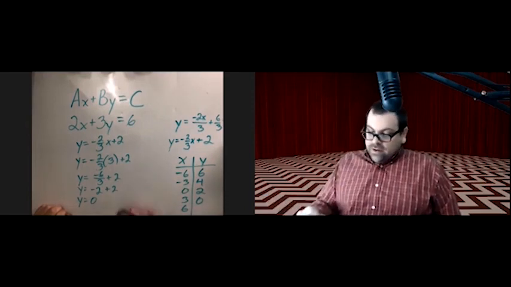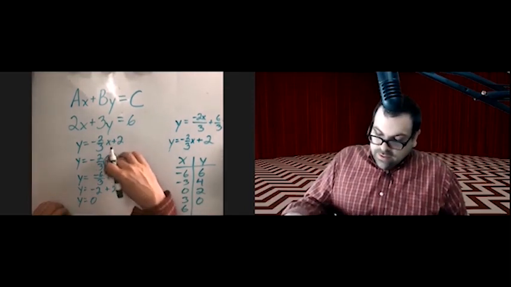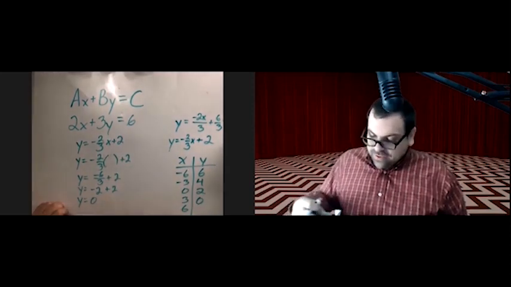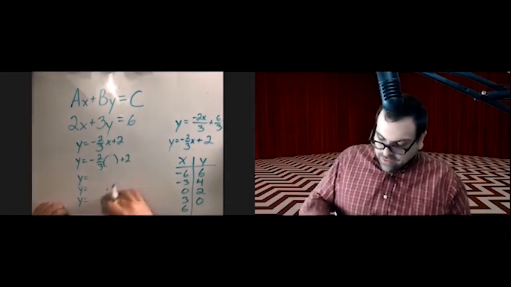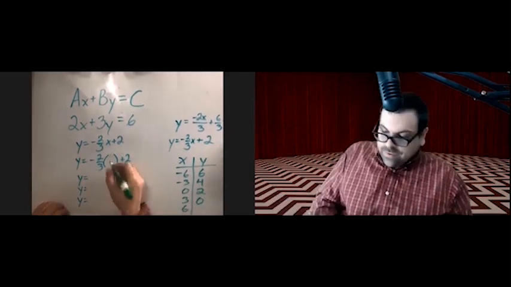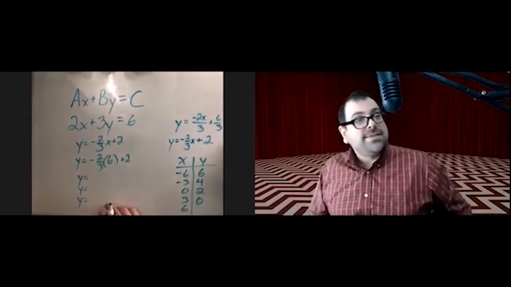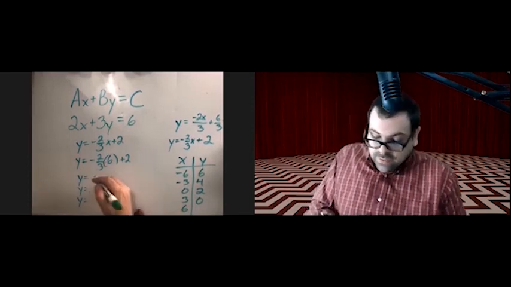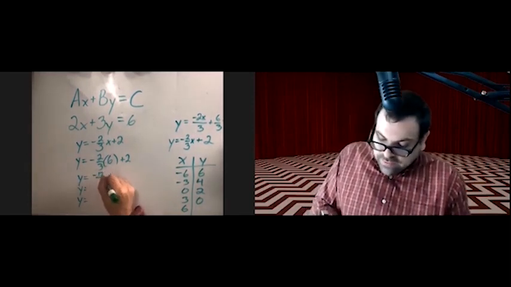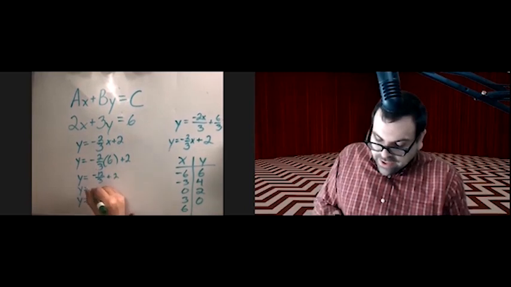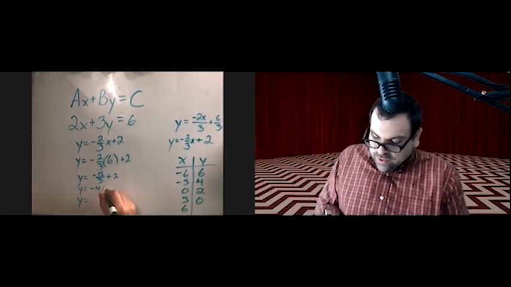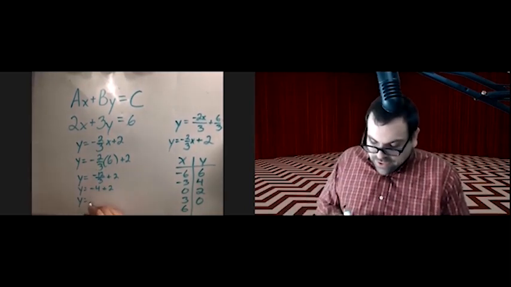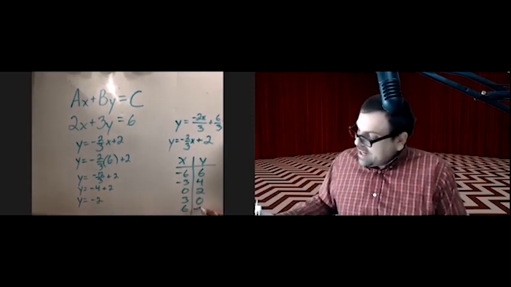I'm going to go ahead and get one more x value that I'm going to get a y value for. When I plug in x is 6, negative 2 times 6 is negative 12. Negative 12 divided by 3 is negative 4. Negative 4 plus 2 is negative 2.